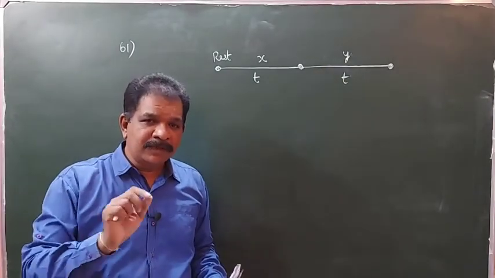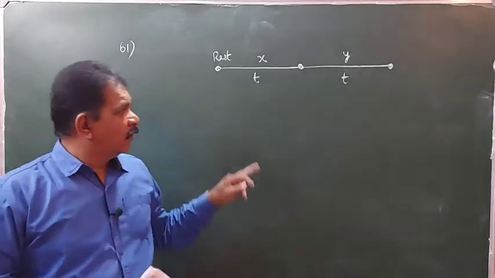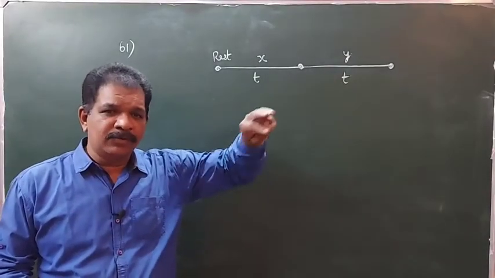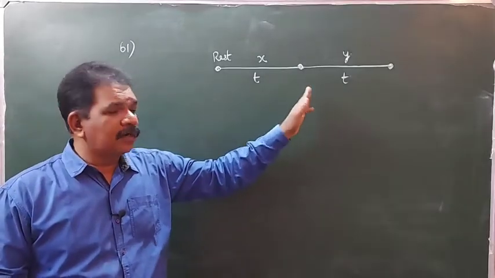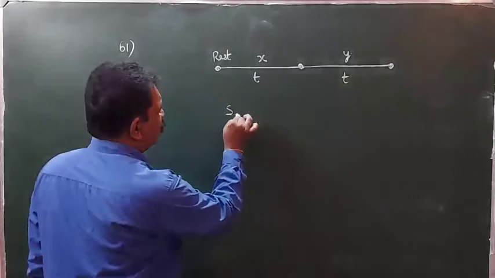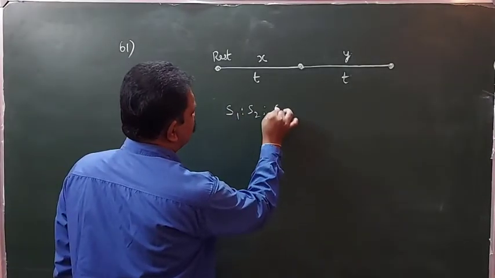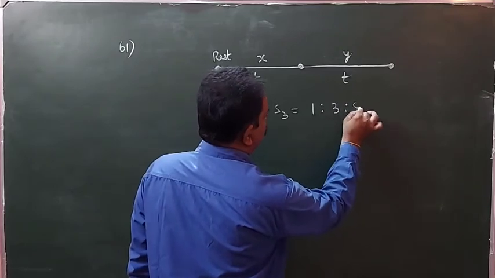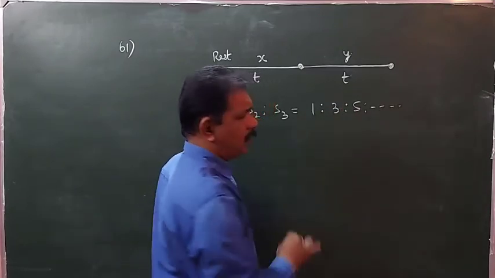In the synopsis we discussed, freely falling body means uniformly accelerated motion only. Distance traveled in equal intervals of time: S1 : S2 : S3 is equal to 1 : 3 : 5 and so on.